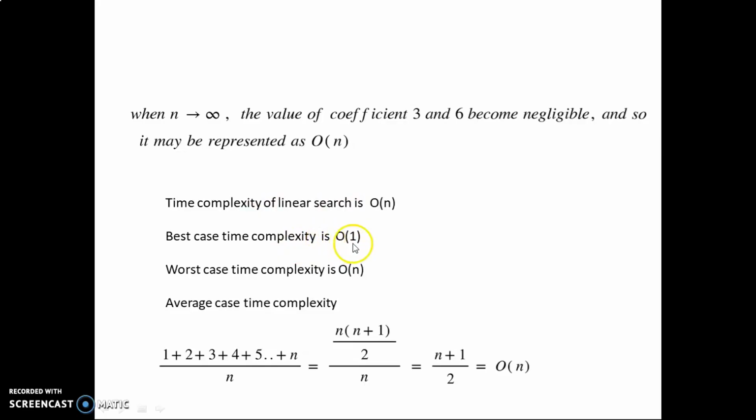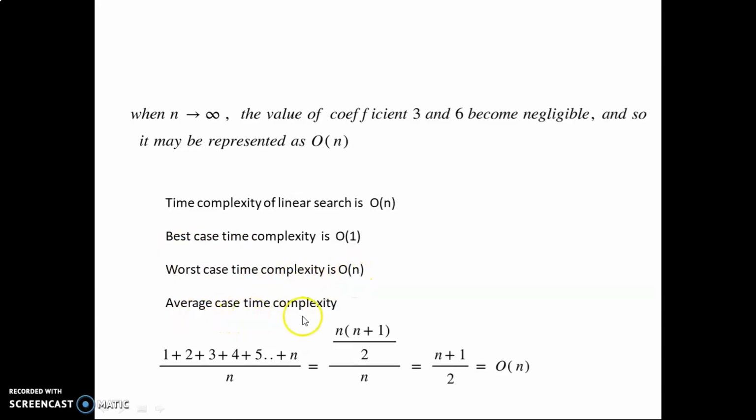That is the best case. Worst case means the maximum number of steps required for the algorithm. Here the element appears at the last place, or the element is not there in the list. That is, the key value appears as the last element, or the key value is not available in the list, which means n comparisons will take place. That is why the worst case time complexity is order of n.